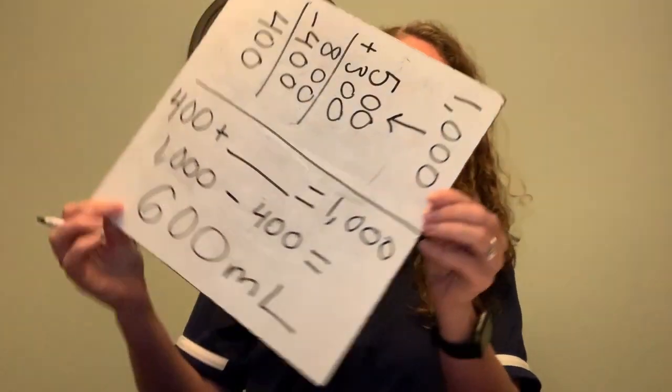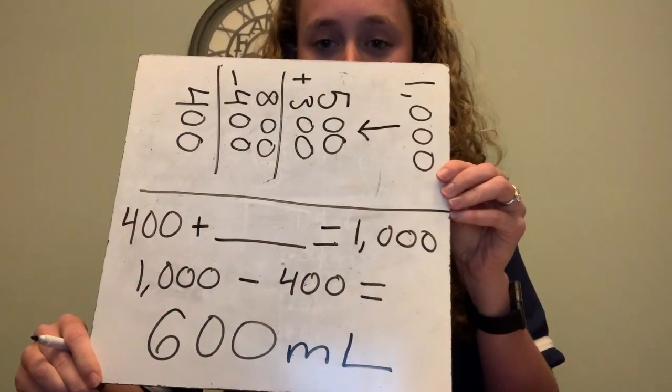You might already know it though. 1,000 minus 400 equals 600. 600 milliliters to fill our pot back up to the top. That was a tricky problem, but we handled it together.